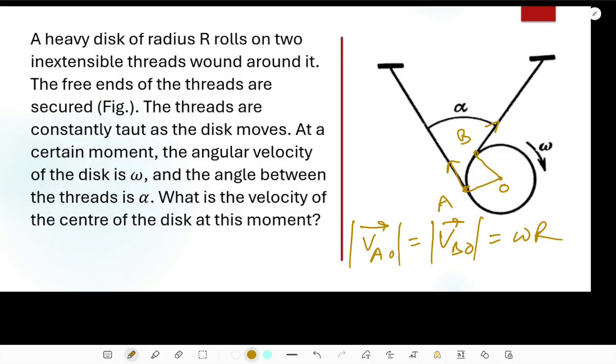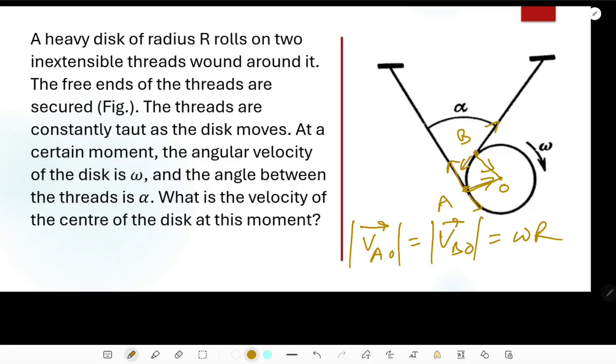And the next simple thing that can be observed in this problem is that the velocities of point A and point B with respect to the ground must be perpendicular to the threads, because the threads are inextensible. So this end of the thread can't have a velocity in this direction, or this end in this direction.